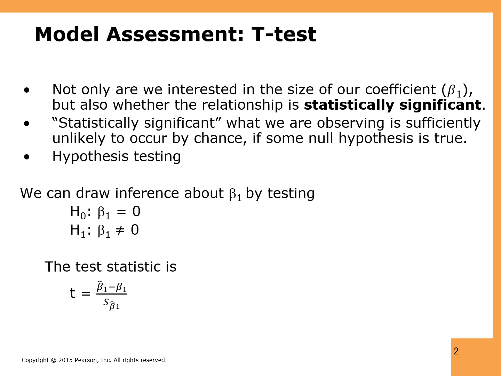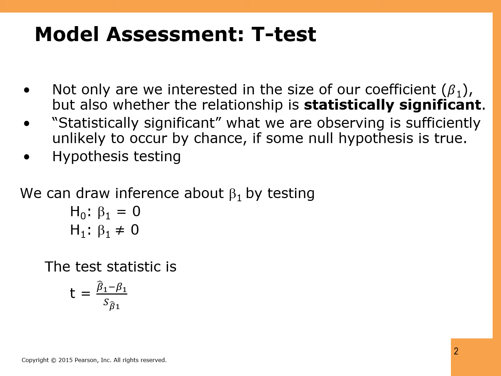In order to do a hypothesis testing, first we need to have a null hypothesis and an alternative hypothesis. So for the null hypothesis, we say our slope, or beta 1, is equal to 0, or not statistically significant, versus the alternative hypothesis of beta 1 not equaling 0, or that it is statistically significant.